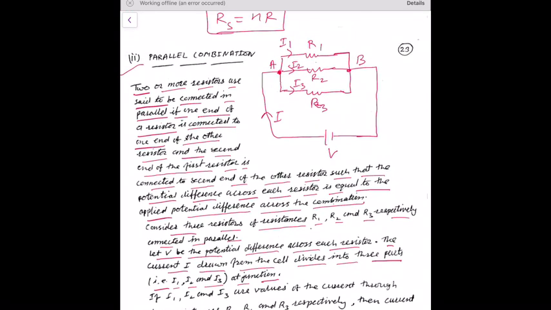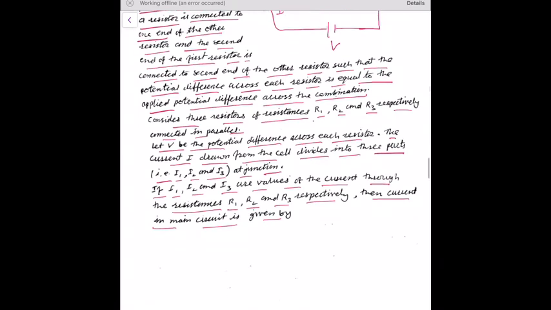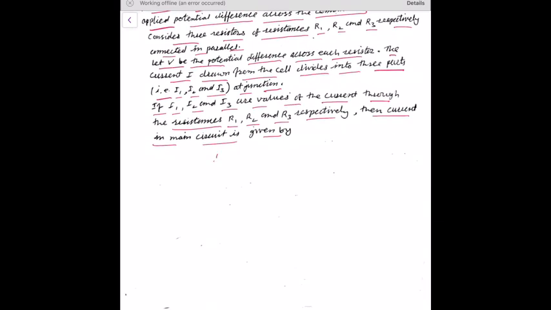It is junction point A. If I1, I2, I3 are the values of current through the resistances R1, R2 and R3 respectively, then the current in the main circuit is given by I equal to I1 plus I2 plus I3.